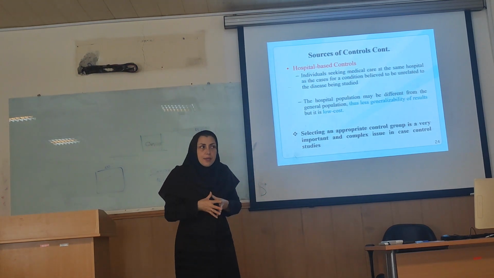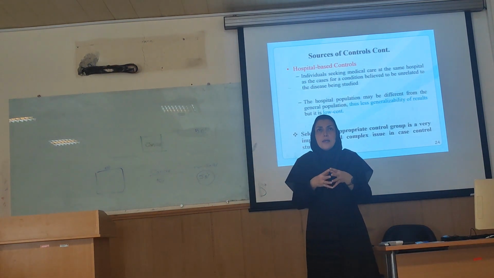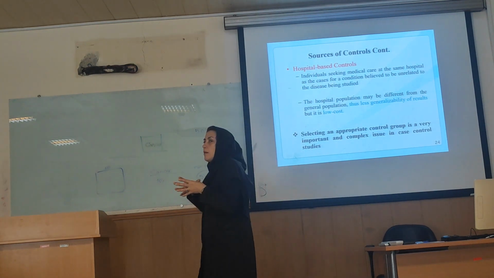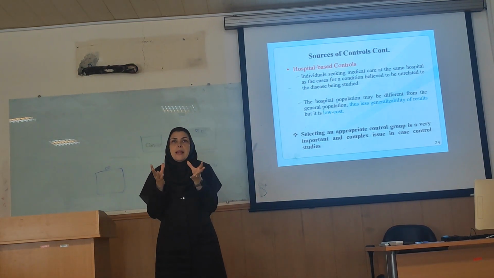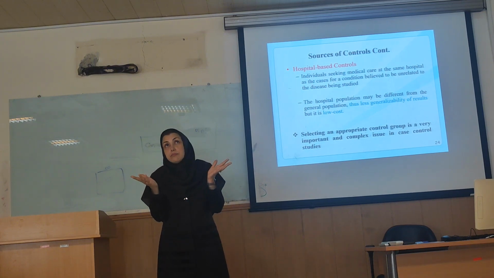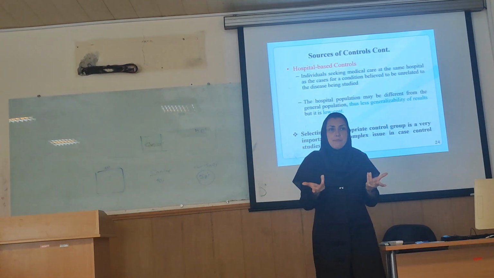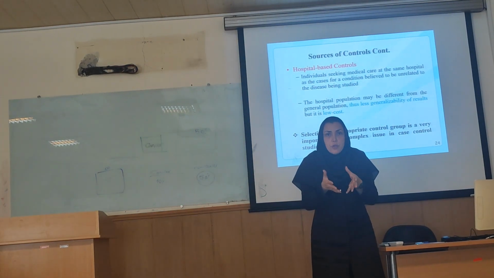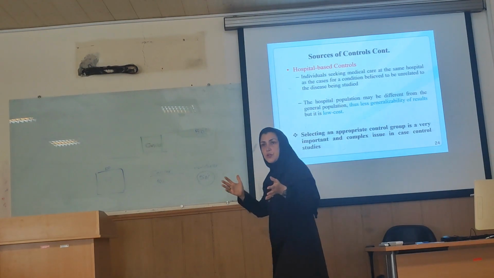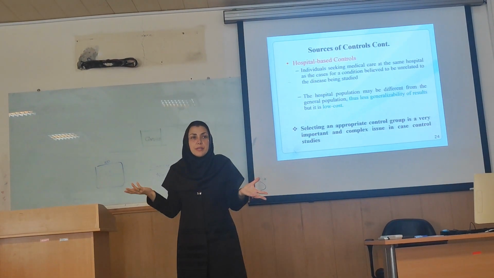Okay? But sometimes the exposure of interest is something related to genetics, for example. In this situation, we can use friends, because there is no association between genetics and being a friend.